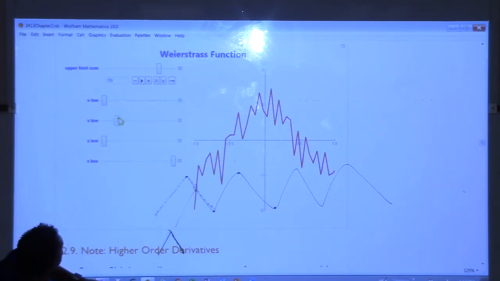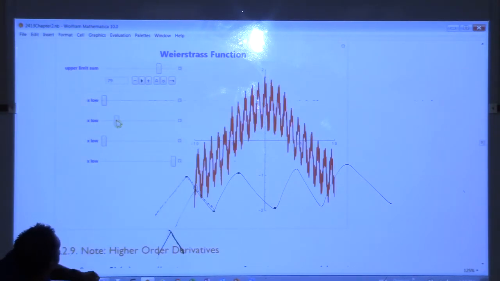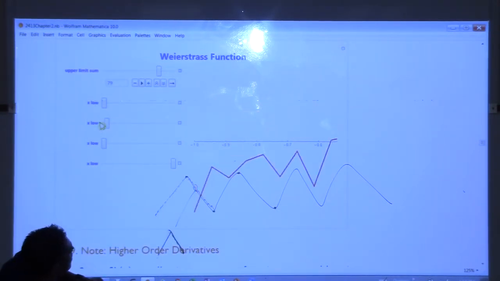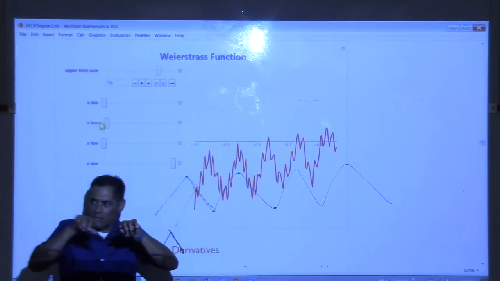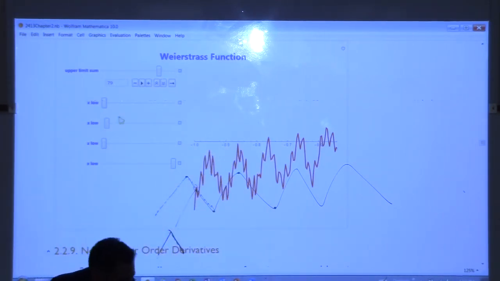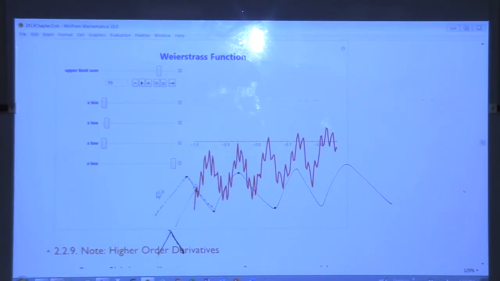As you try and zoom in, each corner has a corner, and each of those has little corners. So let me bring it up. I want you to see it, because you can just Google it. You probably want to know what the function is, right?